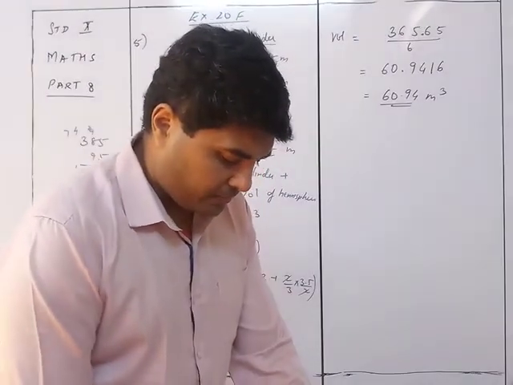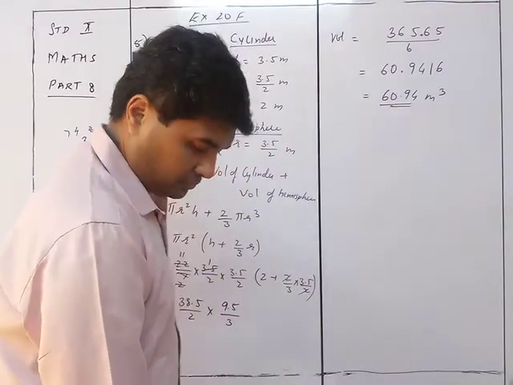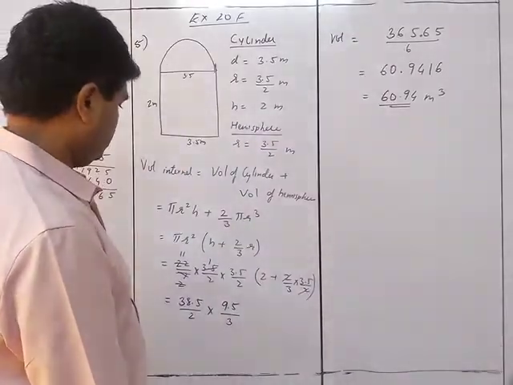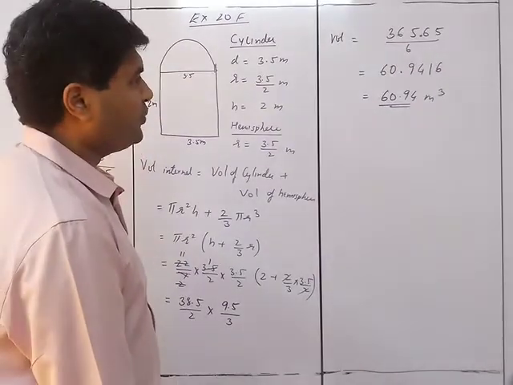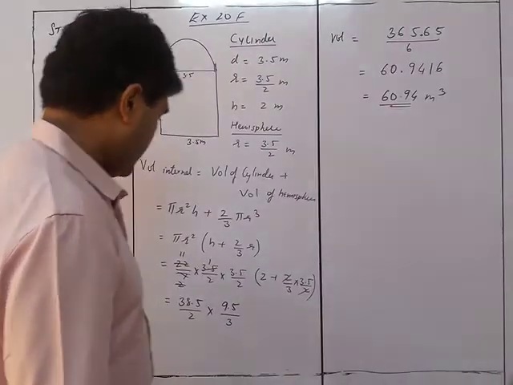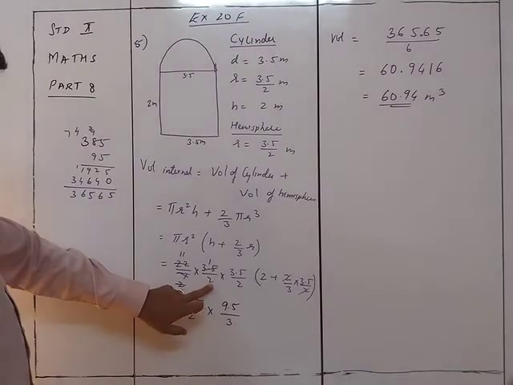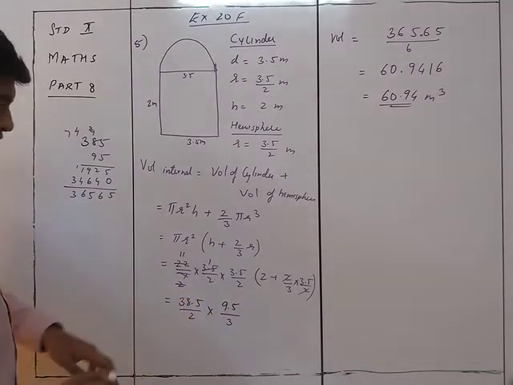So sum number 5 of exercise 20F is 30.48. One second, I missed out something. Yes, this 2, so this is to be 4.